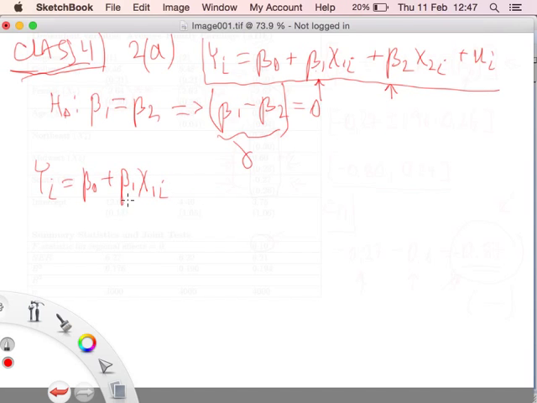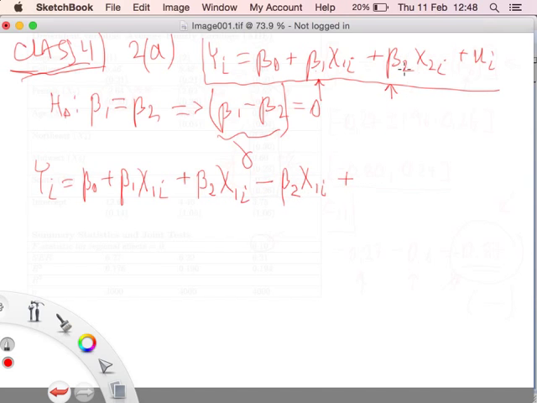So I have beta 1, and I need to add something and subtract the same thing to bring my beta 2 into the equation. So this would be beta 2 x1i. Notice this is beta 2 x1i added, minus beta 2 x1i. Notice that it is the same thing, just subtracted and added.